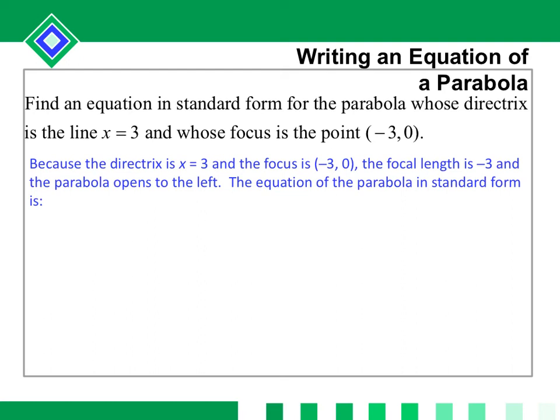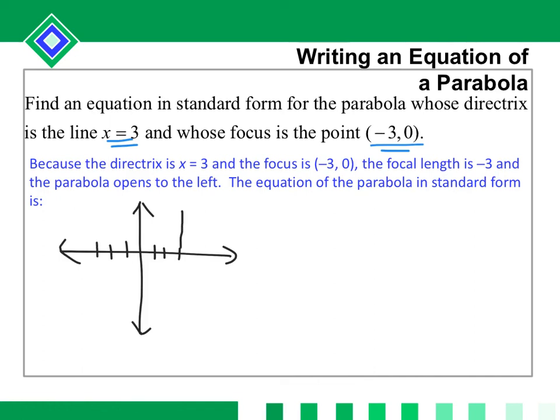Okay, our last example here. Find the equation in standard form for the parabola whose directrix is at the line x is equals to 3, and the focus is there. So what we shall do here is sketch it. That way we can have a good sense of where it is. Directrix is at x is equals to 3.